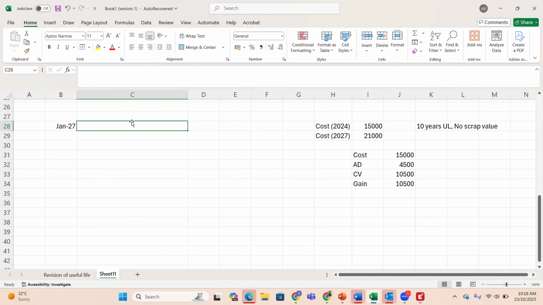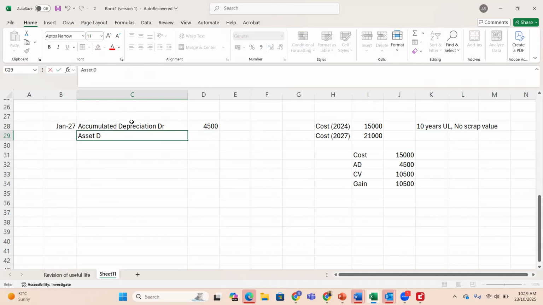Okay. First we'll do debit. Accumulated depreciation. How much? 4,500. Okay. Asset or PPE debit. How much?